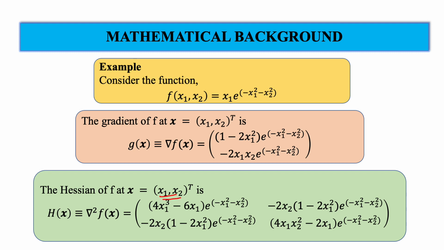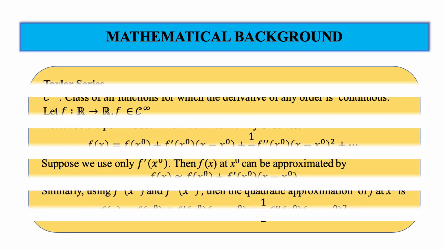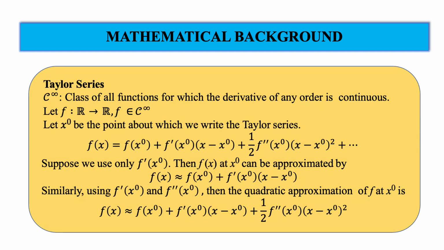We will now need the concept of Taylor series. Suppose that we consider a class of functions for which the derivative of any order is continuous. So let us have a function f from R to R. It belongs to C infinity. Then we can write the Taylor series for f around x naught in this form.